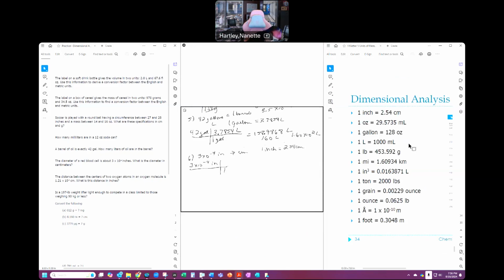And 1 inch is 2.54 centimeters. My scratch work can be erasable. All right, cancel the inches.